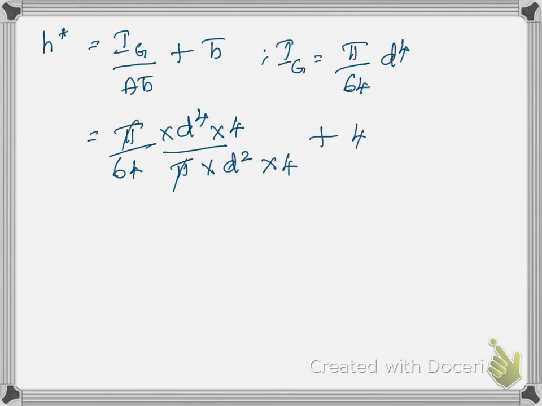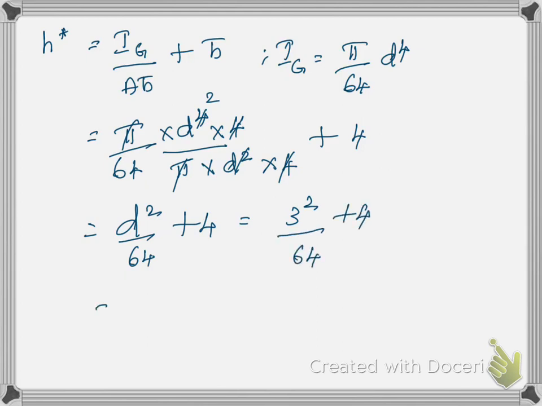I can cancel the pi, and I can cancel one d square, and the 4. Likewise if I cancel all those things, I get d squared by 64 plus 4. The d value is 3, so 3 squared by 64 plus 4, which is equal to 4.14 meter. So this is my h star.